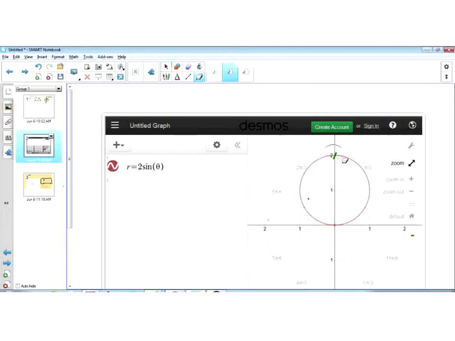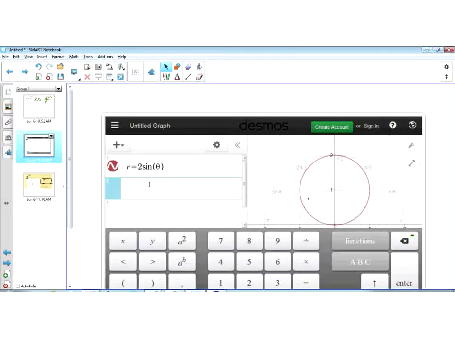Now, according to the note from the previous slide, if we were to graph r is equal to 2 cosine theta, then the center of the circle would be at the point 1, 0.